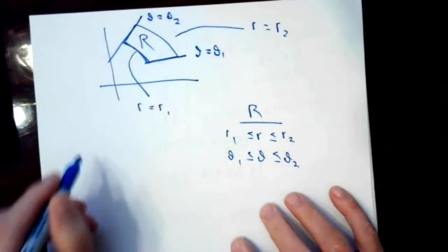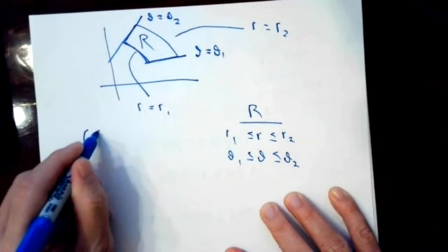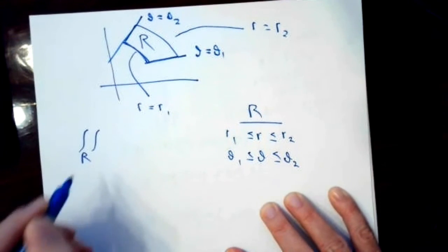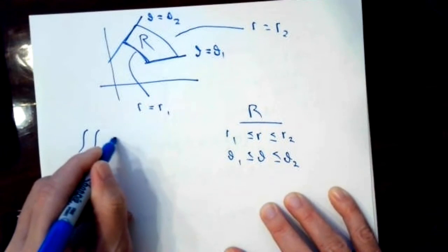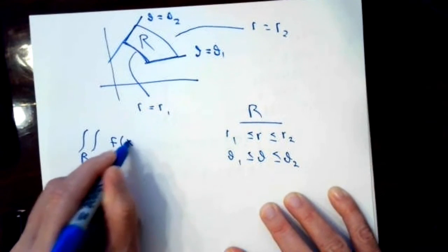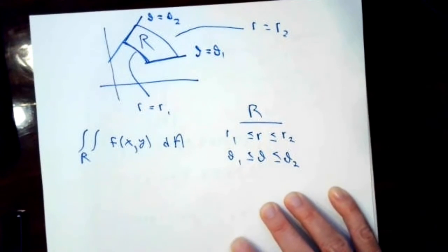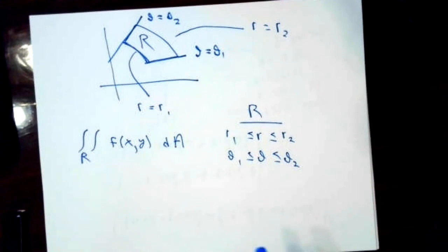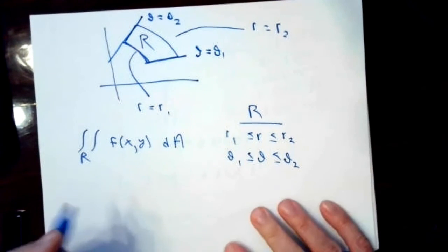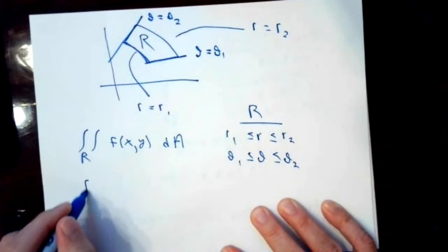In view of what we've said, if I want to do the double integral over a region of this type of a function f, which depends on x and y, integrated with respect to area, in polar coordinates, this is as easy to do as integrating over a rectangle is in Cartesian. I'll put the theta on the outside.